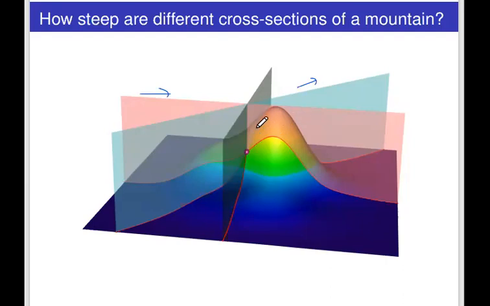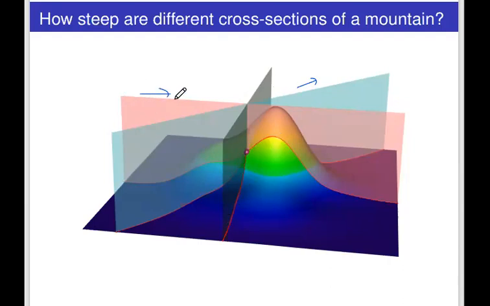So you can change the direction, the way you slice off the mountain, right? If you change the direction, you get a different cross section.